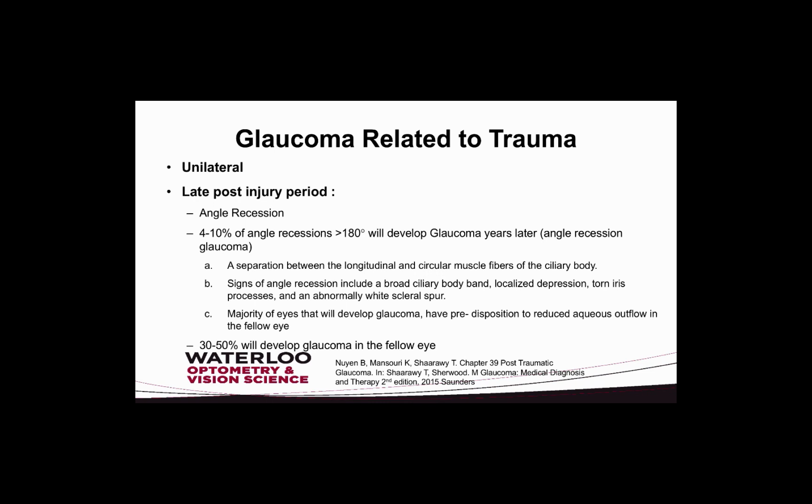About 4 to 10% of patients that have angle recession greater than 180 degrees within the trabecular meshwork will go on to develop glaucoma years later. Some signs of angle recession include a broad ciliary band when you're looking at gonioscopy, localized depression, and torn irises.